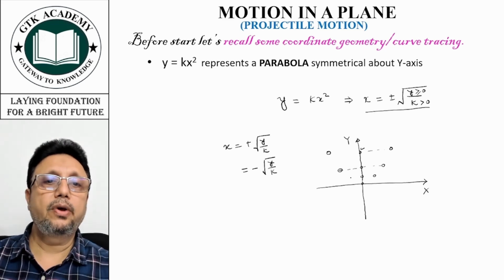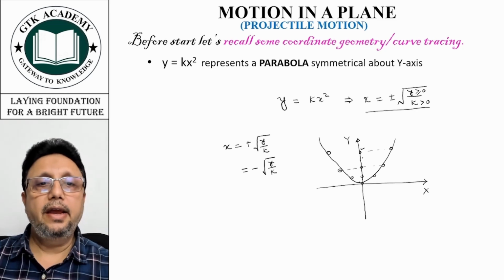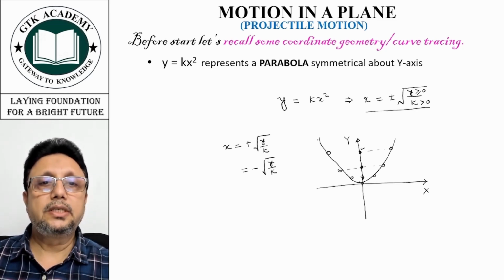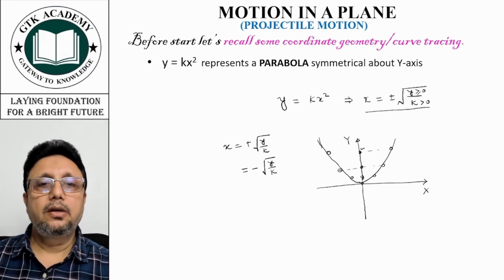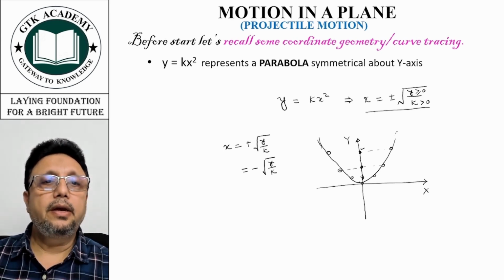For this value also, one on this side, the other on that side. So this curve is going to be something like this if you join the points. And here y is always positive. So it's a parabola of this shape.